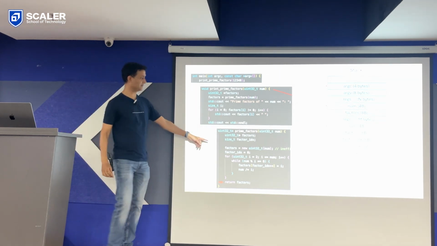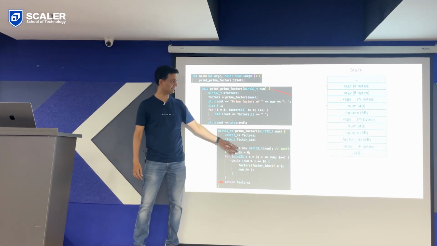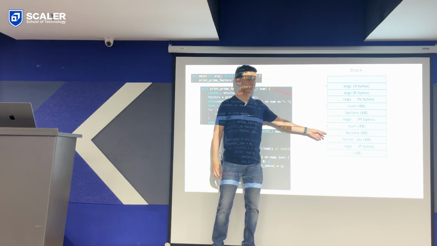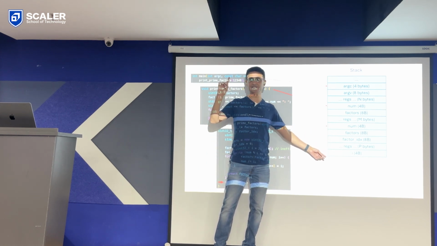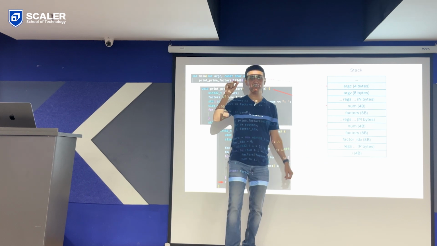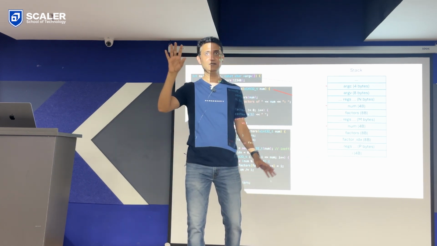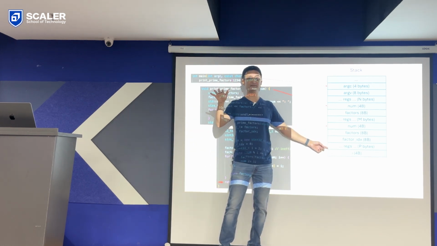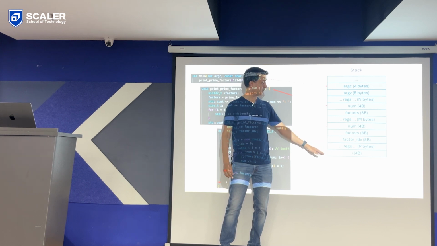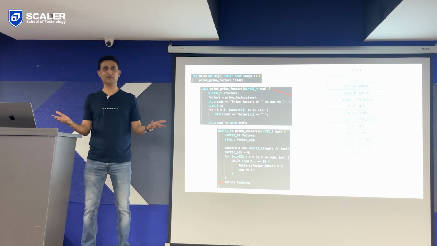What was the location of these local variables? Factor IDX, I, etc. What was the memory location of that in the stack? You remember from that picture that I showed you? All local variables were showing up on the stack except for the ones allocated on the heap, right? All the rest of the local variables were showing up on the stack. Remember that, right? The moment the stack gets unwound, those local variables are gone.